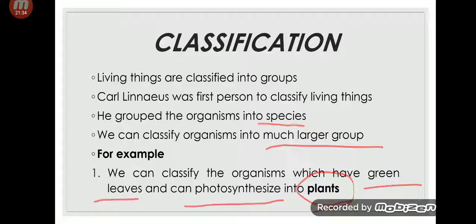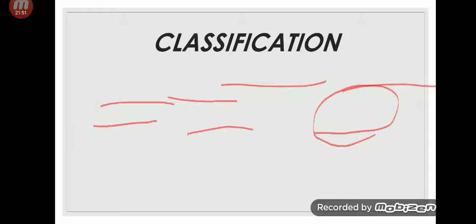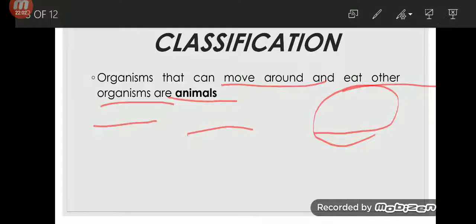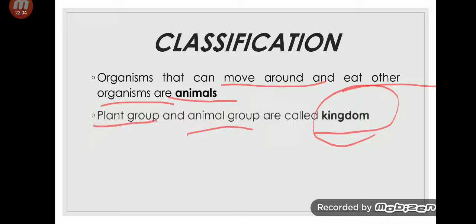When you go upwards, the bigger category is kingdom, and there are two kingdoms: plants and animals. We can classify the organisms which have green leaves and can photosynthesize as plants, and the organisms that move around and eat each other are animals. Plants and animals are kingdoms.